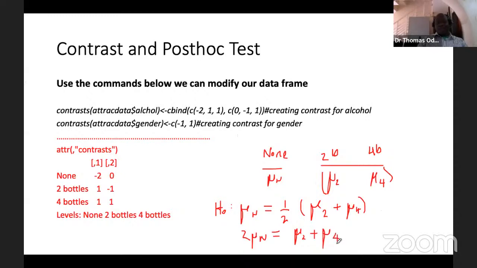Then, of course, this is the same as 2 mu n minus 1 times mu 2 minus mu 4 should be equal to 0.